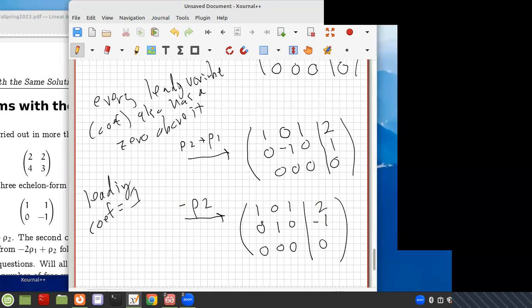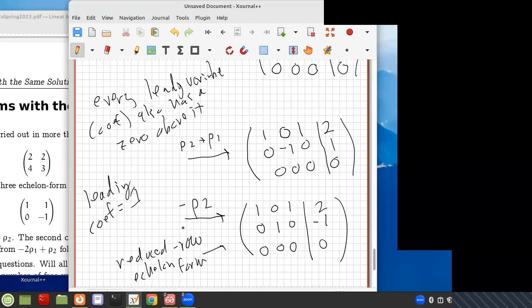So now every leading term has zeros above and below it. It doesn't matter about this one because I could have a 1 here because it's only the leading term. So we'll see some more examples. And the leading coefficients have to be 1. So this is in reduced row echelon form.